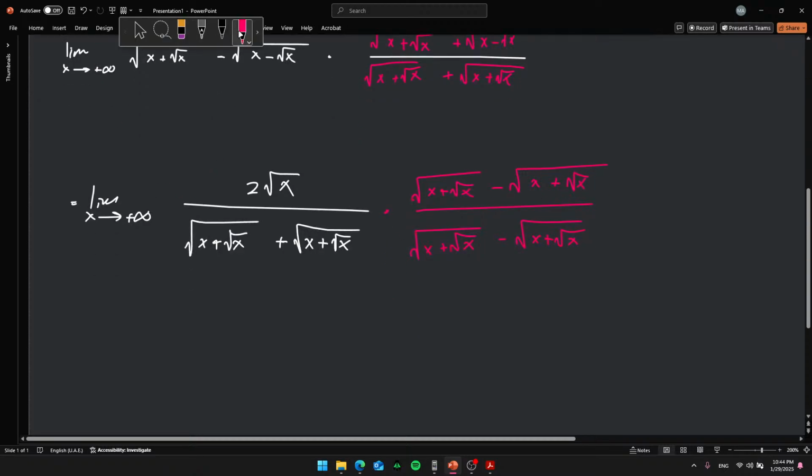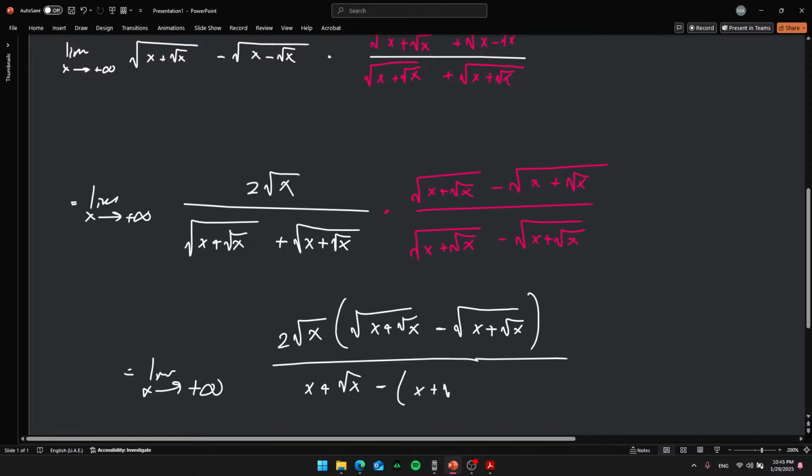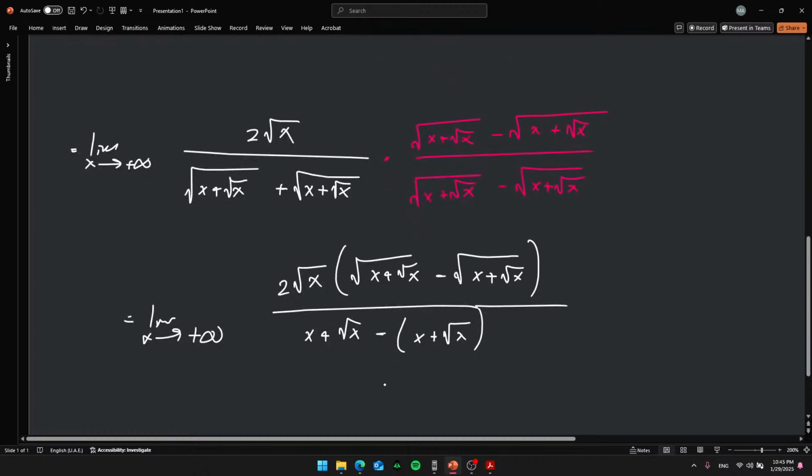Okay. Limit as x goes to infinity of 2 radical x over the first root minus the second: x plus root x minus x plus root x.